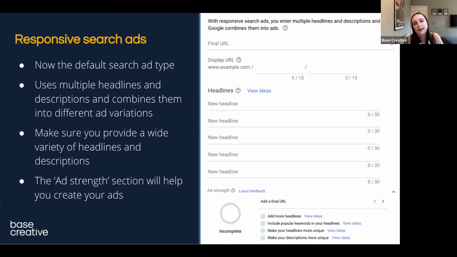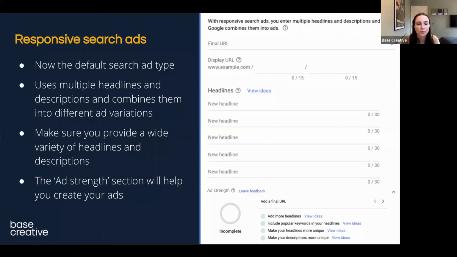The most common mistake that I've seen with responsive search ads is when the headlines that get supplied by advertisers and even the descriptions can be really similar to each other. What that does is can often result in ad copy combinations that don't make the best of that space that's available. Instead, the same message tends to get repeated.